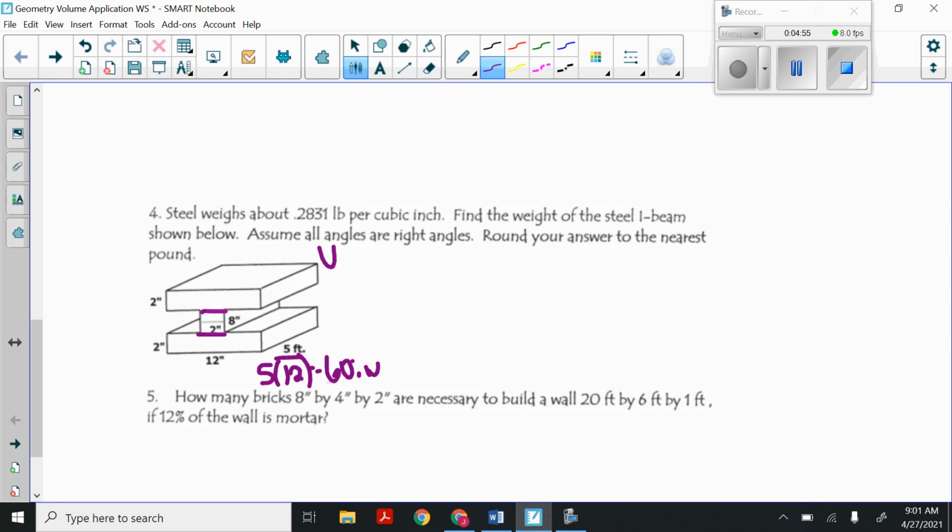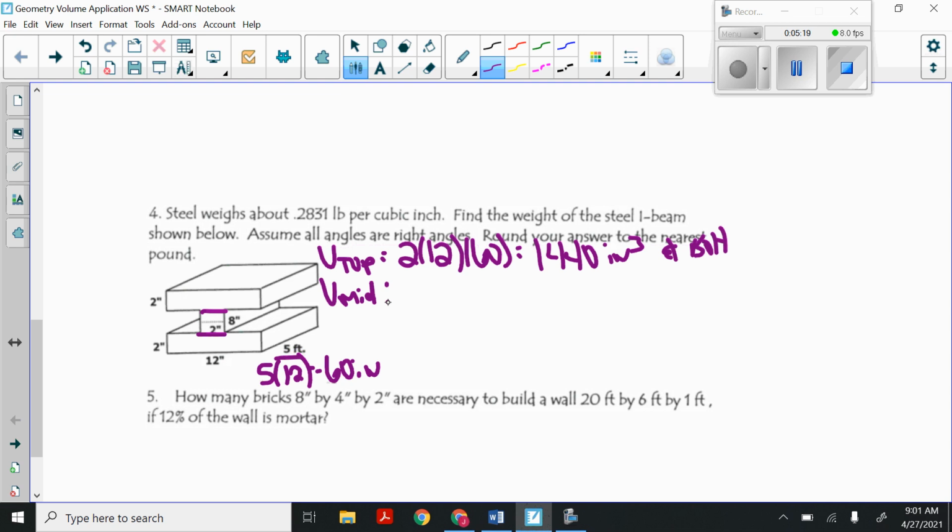So now let's do the volume of the top. So 2 times 12 times 60. 2 times 12 is 24. 24 times 60 is 1,440 cubic inches. This is the top and the bottom. So now we're going to go to the volume of the middle.